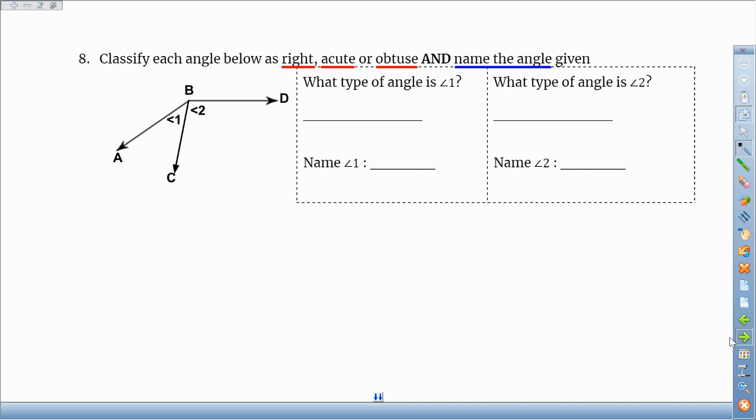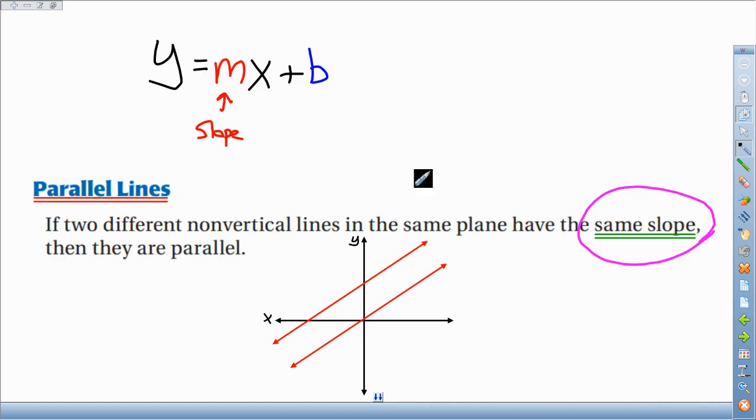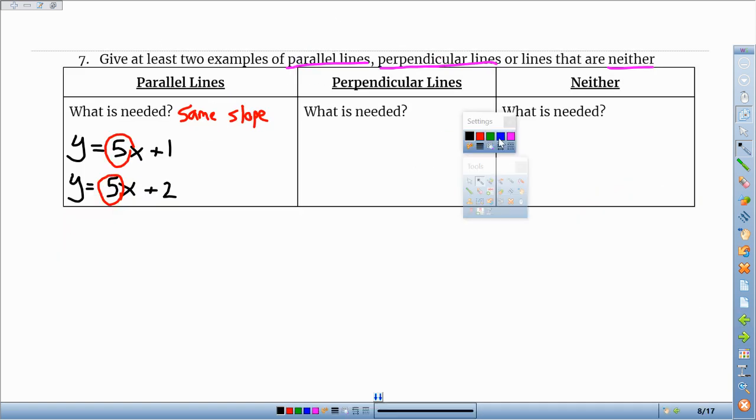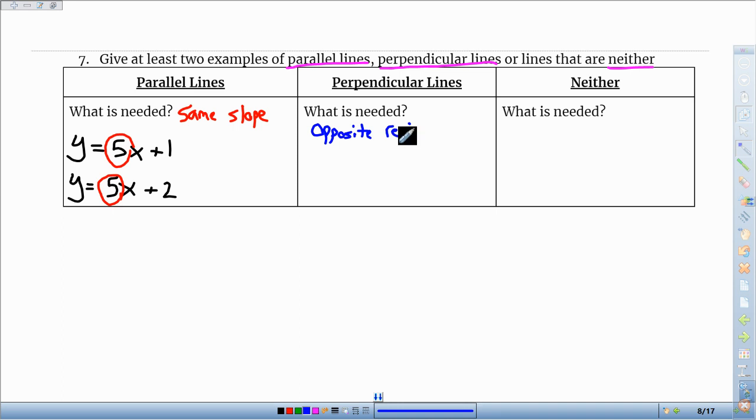If I were to write equations for two perpendicular lines, first of all, what do we need? Slopes that are opposite reciprocals. Let's put slope opposite reciprocals. Let's give an example.